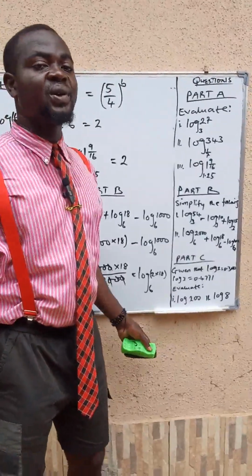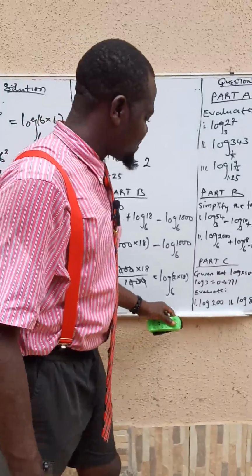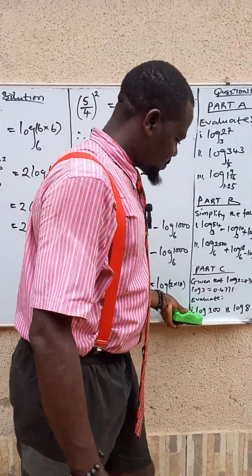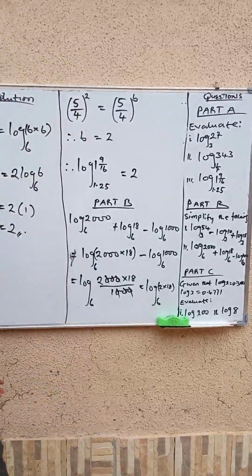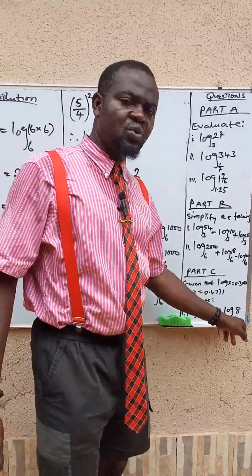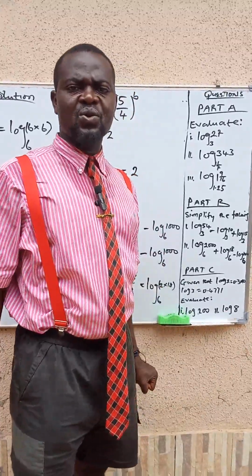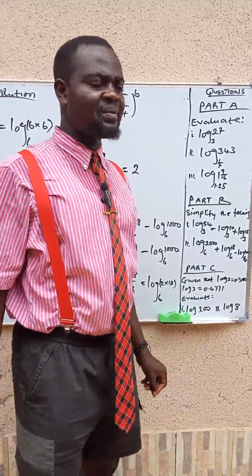This is very, very simple. What I'll do is just a simple thing. I'll take this one for me to work for you. Then take log 200 and play with it.